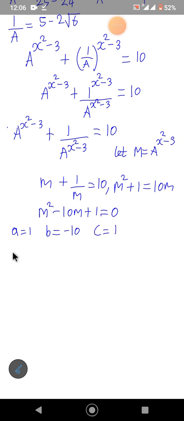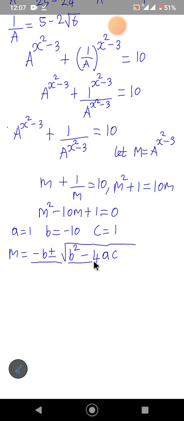Now I'm going to write my quadratic formula, which says that m is equal to minus b plus or minus the square root of b squared minus 4ac all over 2a.